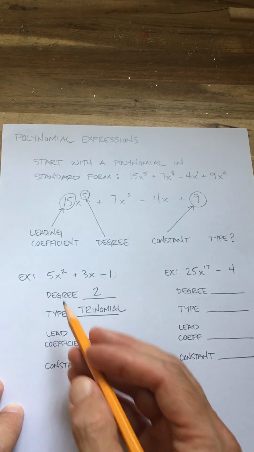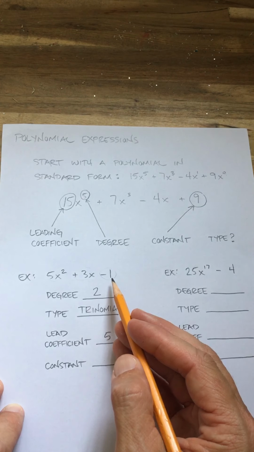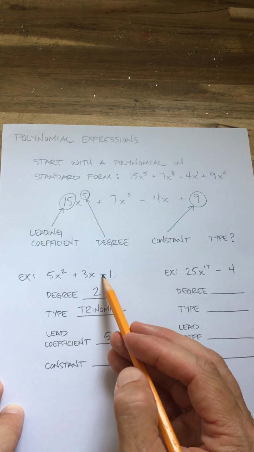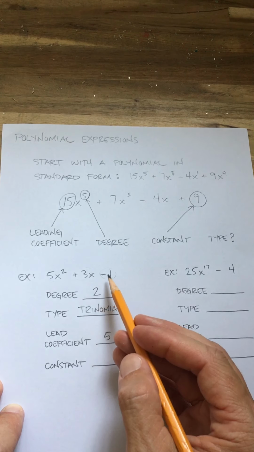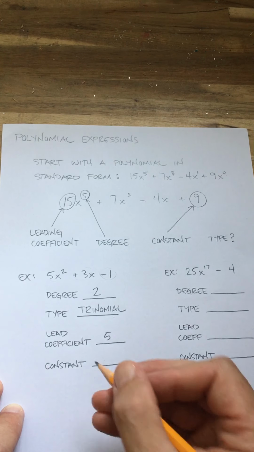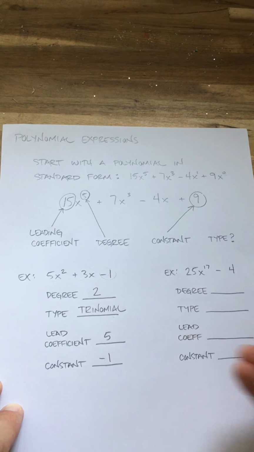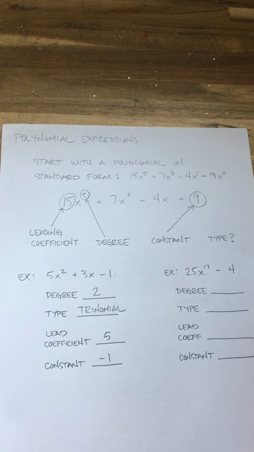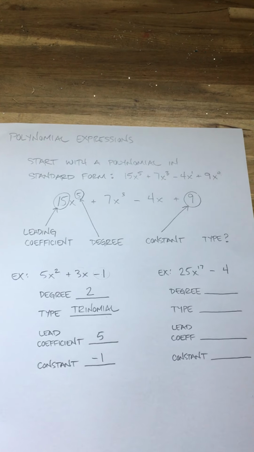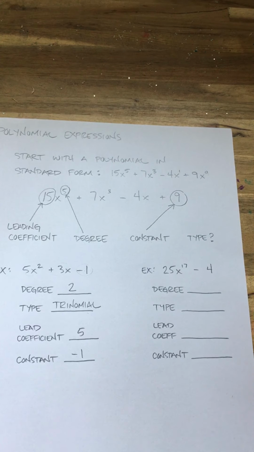Okay, the constant term in this case is, now I know some of you guys are thinking it's 1, but it's actually negative 1. Okay, whatever sign is in front of it, that goes with the number. So my constant term is negative 1. All right, see if you guys can do this next one. All right, go ahead and pause it. See if you can do the next one.